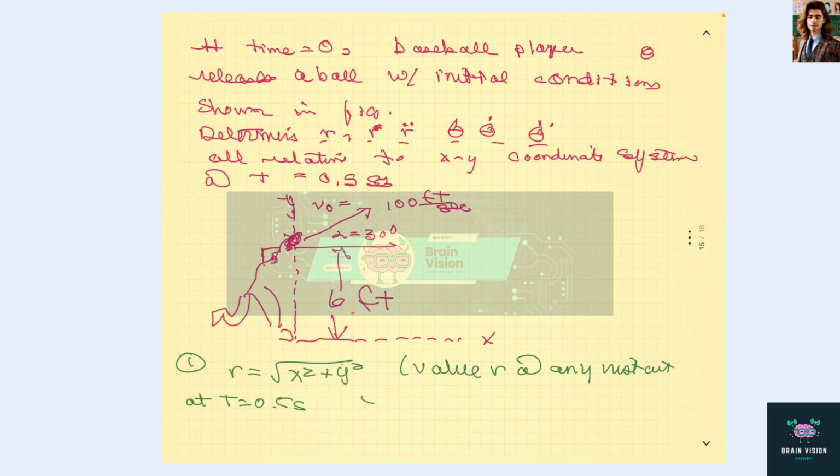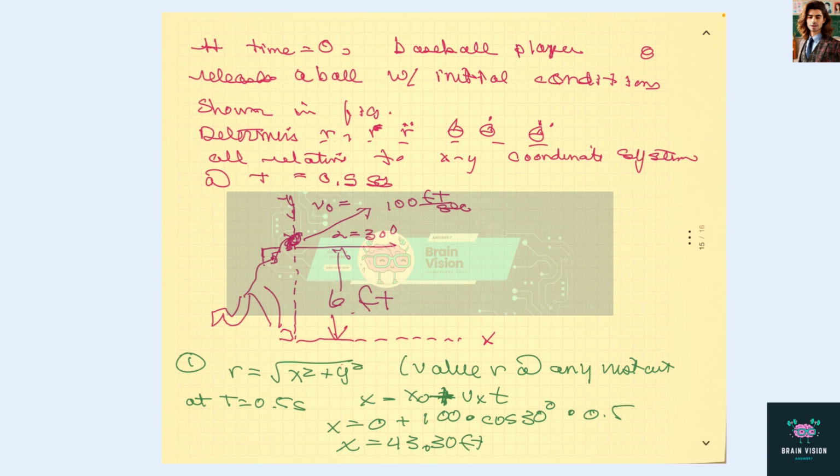We're going to have x equals x0 plus vx t, and that will be 0 plus 100 times the cosine of 30 degrees times 0.5, and this will equal 43.30 feet.